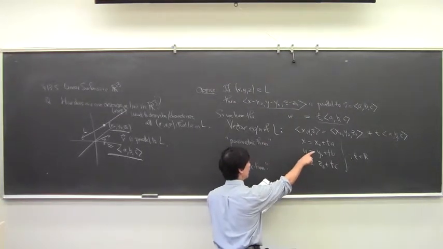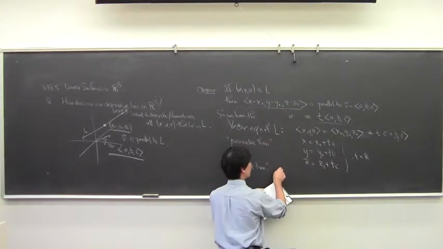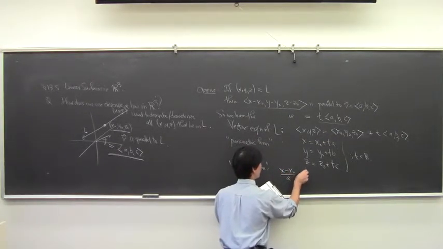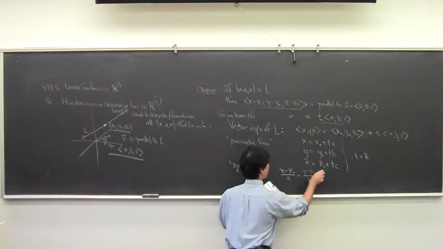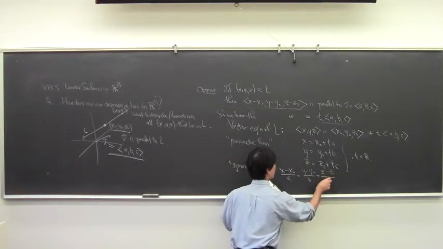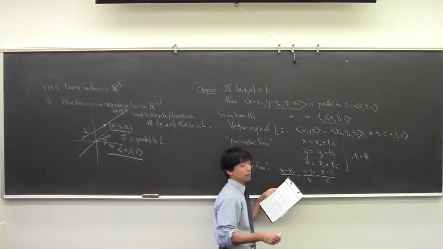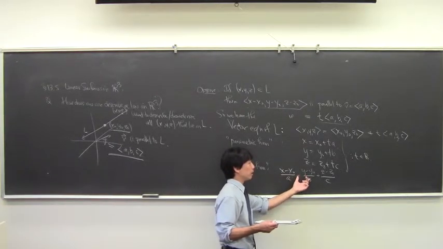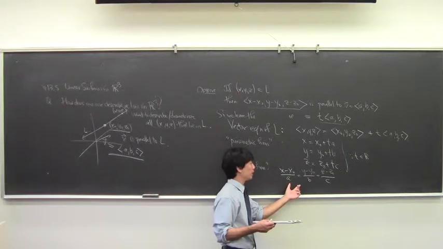That is, you write it like this: x minus x naught over a equals y minus y naught over b equals z minus z naught over c. That is, you solve for t in each case, and then you say, well, look, these things all must be equal, right?